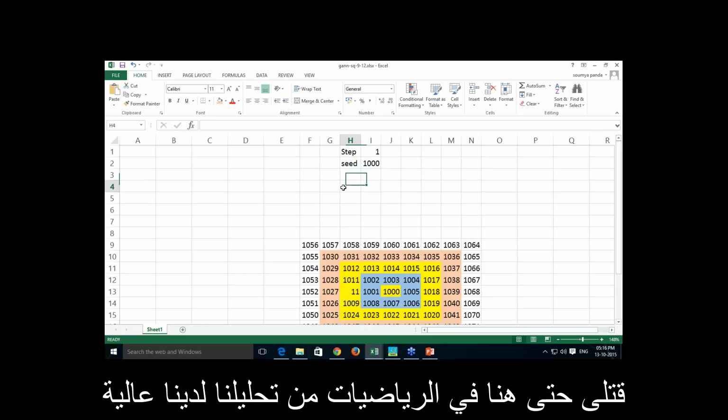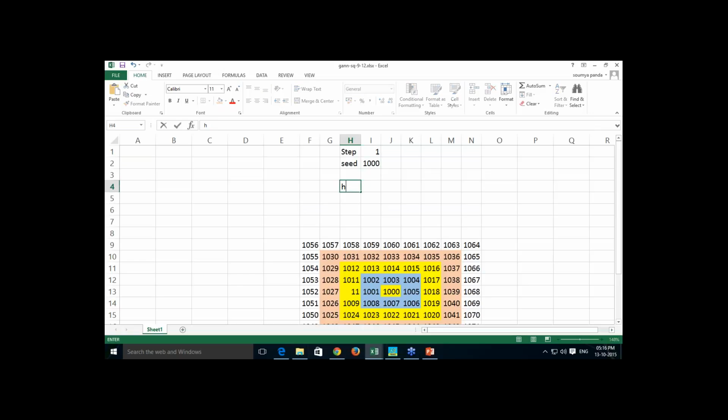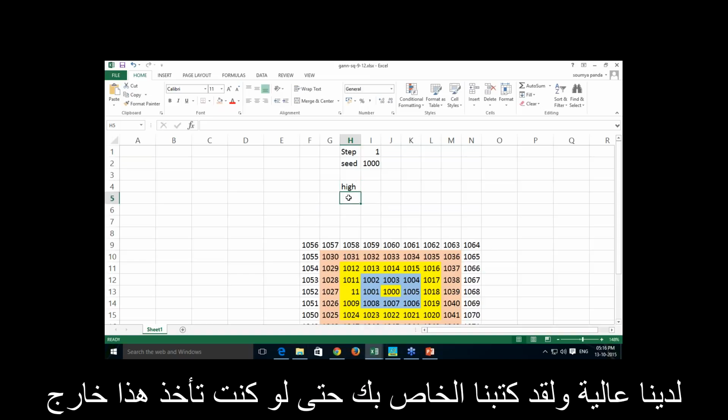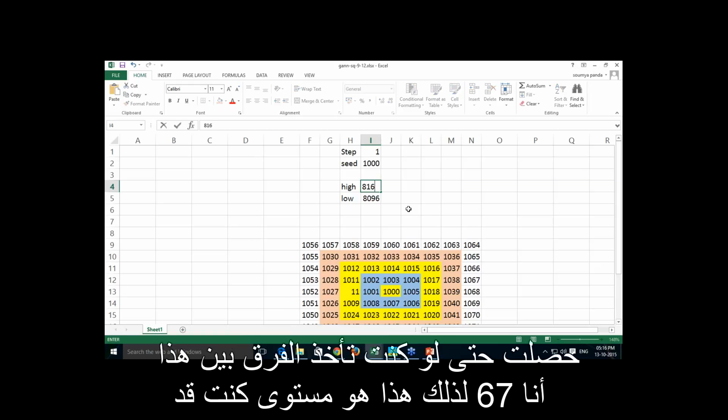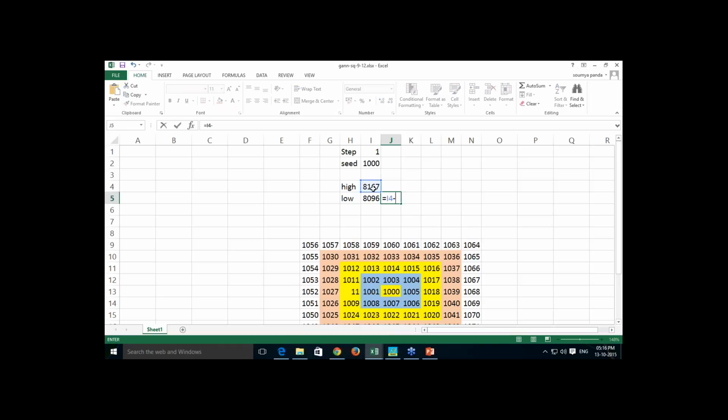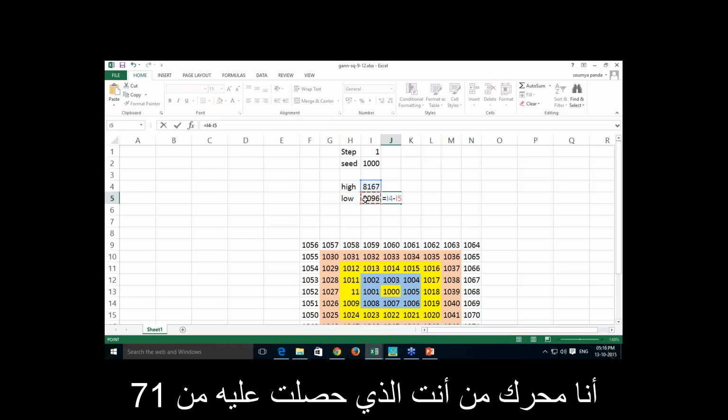So here in the mathematics of our trend analysis, we have a high and we have a low. If I take the current Nifty high, suppose it has gone to 8167, and the low is 8096. So this is the level you have got. If I take the difference between this high and low, I will arrive at a figure of 71.